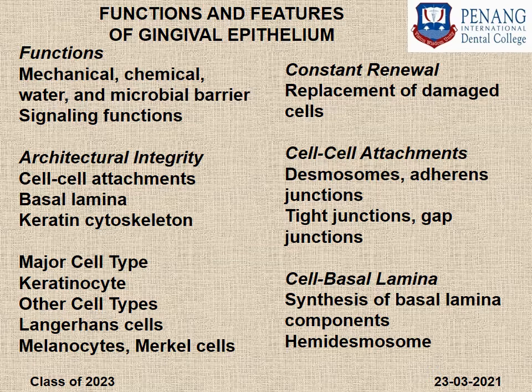Many cells are present, such as keratinocytes, Langerhans cells, Merkel cells and melanocytes. Gingival epithelium helps in constant renewal, that is replacement of the damaged cells. There are also cell-to-cell attachments with desmosomes, adherens junctions, tight junctions and gap junctions. The basal lamina of the epithelium consists of connecting structures called hemidesmosomes.